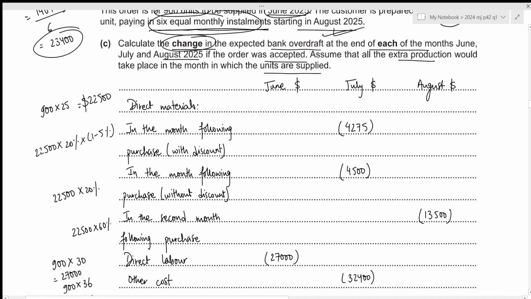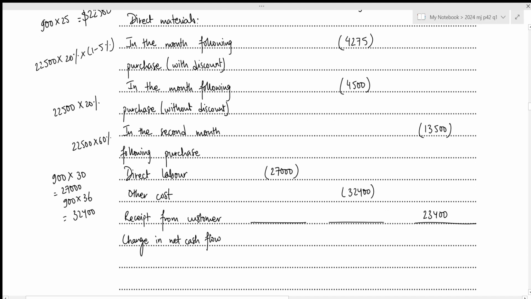For the month of June, it will only be negative 27,000. For the month of July, that will be negative 4,275 plus negative 4,500 plus negative 32,400, which results in negative 41,175. And for the month of August, that will be negative 13,500 plus 23,400, which results in 9,900.